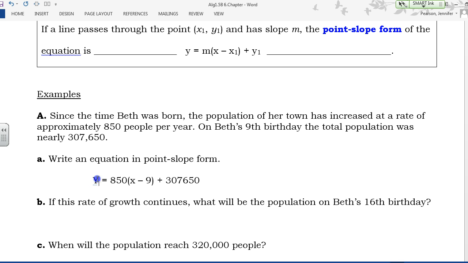So if I have my equation in y equals form, with the point slope form, I can now use that to determine, if the rate of growth continues, what the population will be on her 16th birthday. 16 is an x value. It represents the years. So I'm just going to put 16 in where this x is.